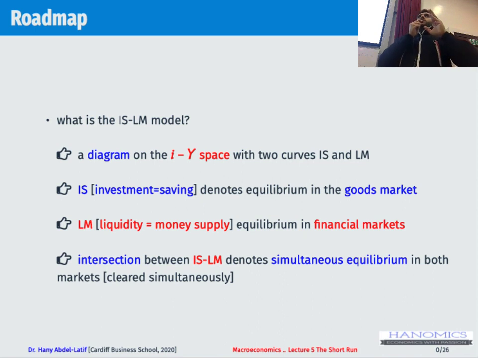We also derive equilibrium in the goods market using the condition that investment equals saving, and I showed you this in, I think, lecture 3. So every point on that curve, which we call IS, comes from investment equal saving. This is where the IS comes from.